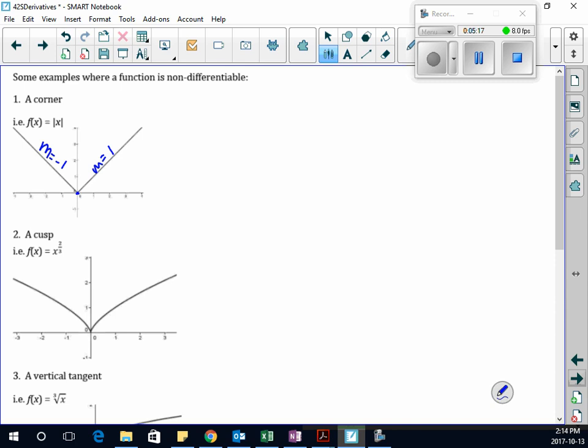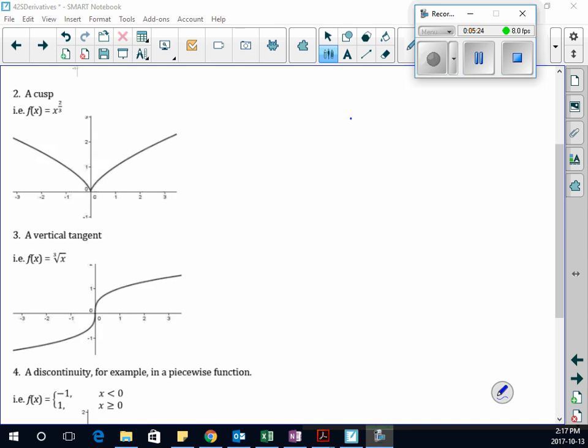So anytime you see a corner on the graph, you know it's not differentiable there. Here's what's called a cusp. When you basically have a curve going into another curve like that, it kind of looks like a corner. So corner equals no, a cusp equals no. Again, I'd be teetering. I don't know where to find the slope here.